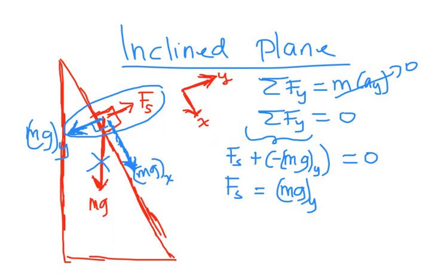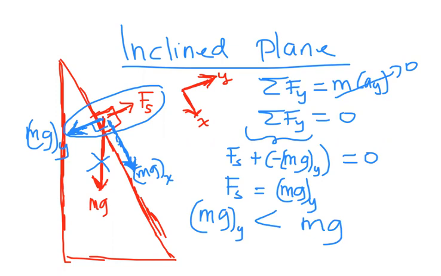As you can see here, already you can tell that the support force is actually less than the weight of the object. The support force is less because we know that mg sub y is actually less than mg.